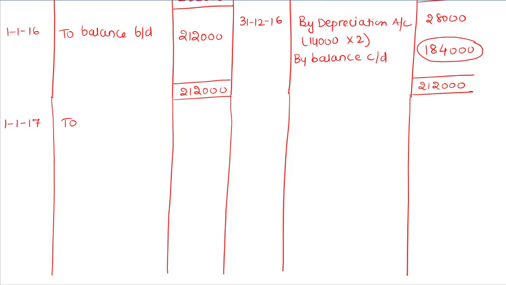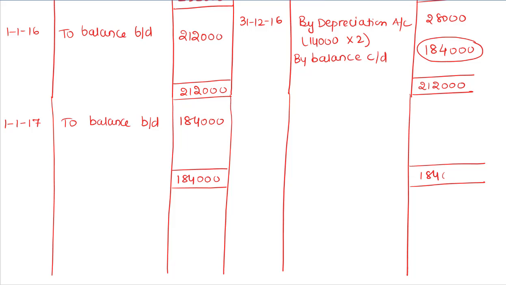So 1st of January 2017, to balance brought down 1,84,000. This will act as the closing over here, 1,84,000, on year end 31st of March 2017.